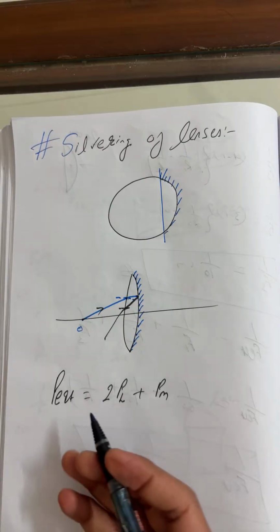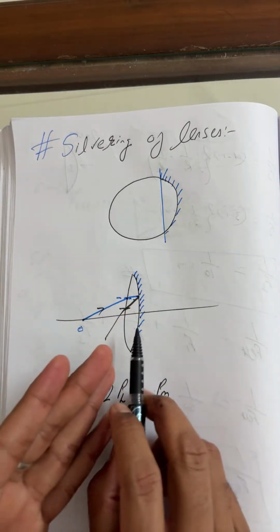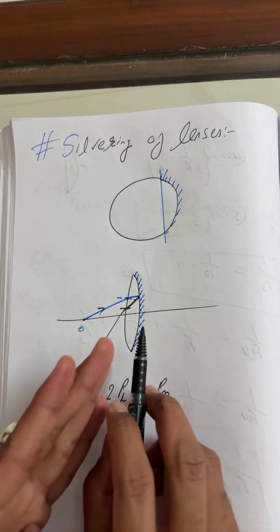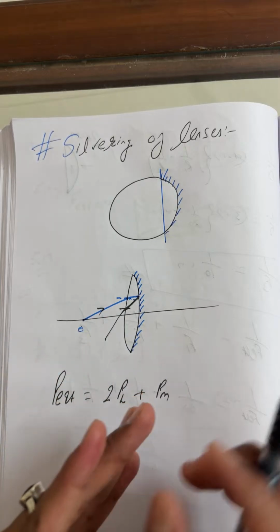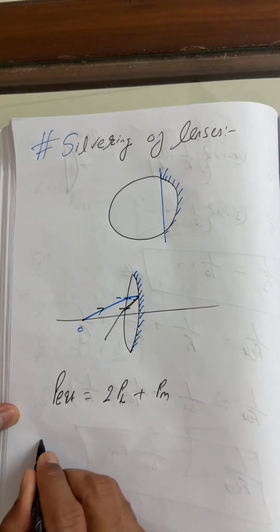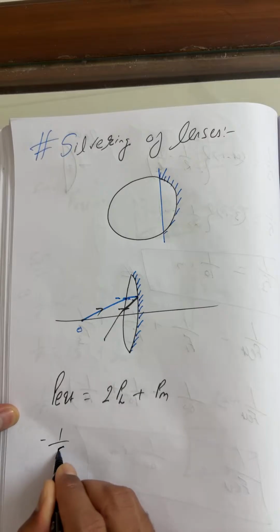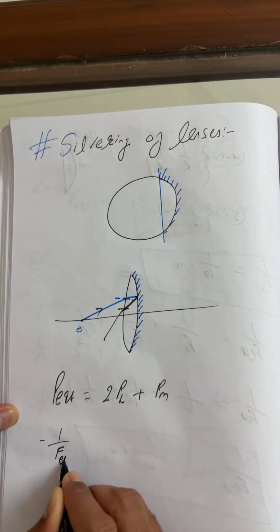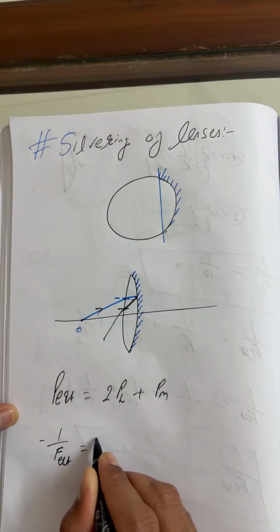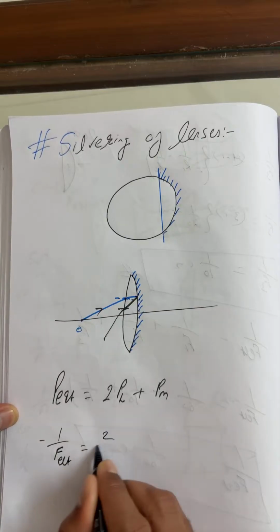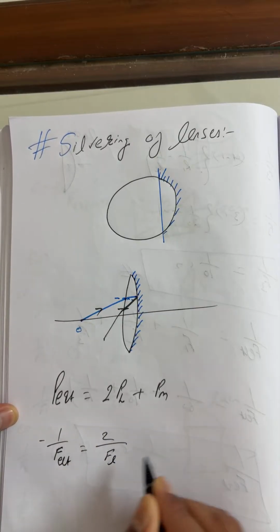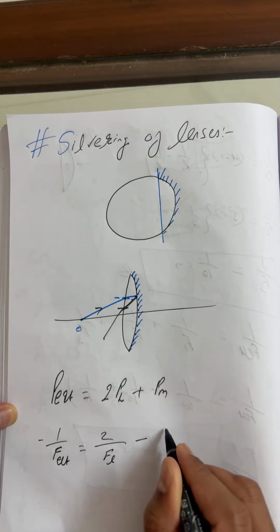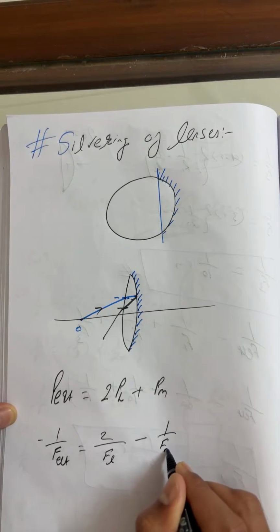So as I said, after silvering the lens will act as a mirror. So what is the focal length of the mirror? That is negative. So we can say minus 1 by f equivalent equals twice the power of lens minus the mirror's, so 1 upon fm.